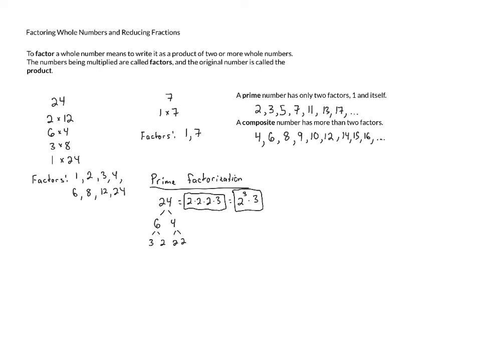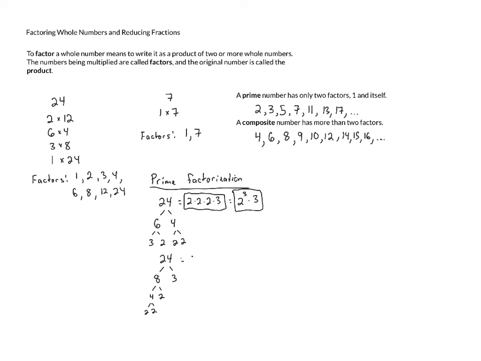Now you might be thinking, but 24 can be broken down in other ways. It's not just 6 times 4, it's also 8 times 3. But it doesn't actually matter which method we use. So long as we break it down all the way, we should get the same prime factorization. 8 is 4 times 2, 4 is 2 times 2, and if we look here, we still have 2 times 2 times 2 times 3.